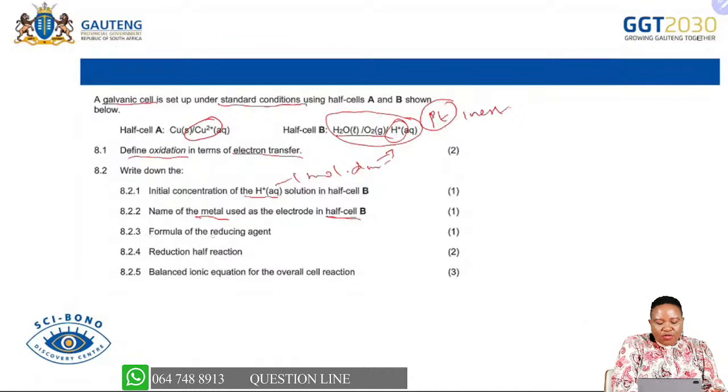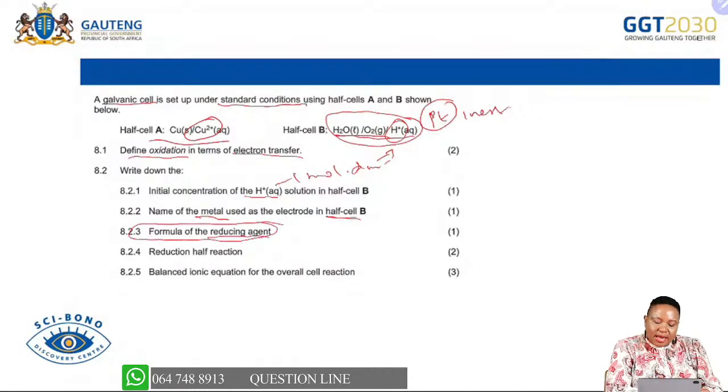And then the formula of the reducing agent. Now, this is the only time where you need to go back to the table and say between the copper half cell and this oxygen half cell, which one undergoes oxidation and which one undergoes reduction. And from that, you will see that the one that will undergo oxidation is the one that will give you a reducing agent. And in this case, it was going to be our copper.